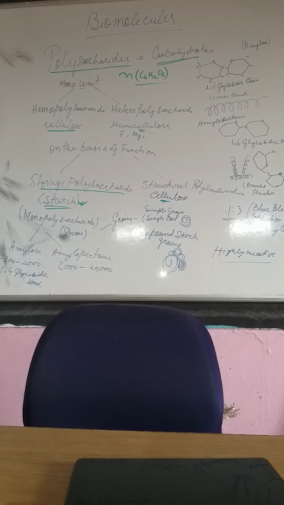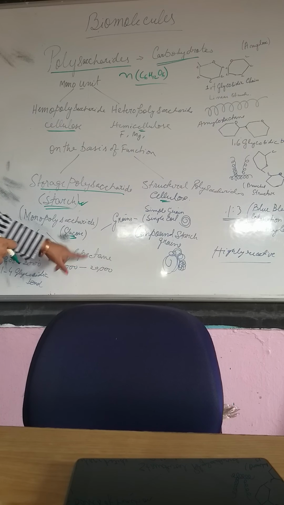Now you see starch, we say that this is a homopolysaccharide, that means the saccharide molecule used here is glucose. This starch has been divided into two categories, one is amylose and another one is amylopectin.